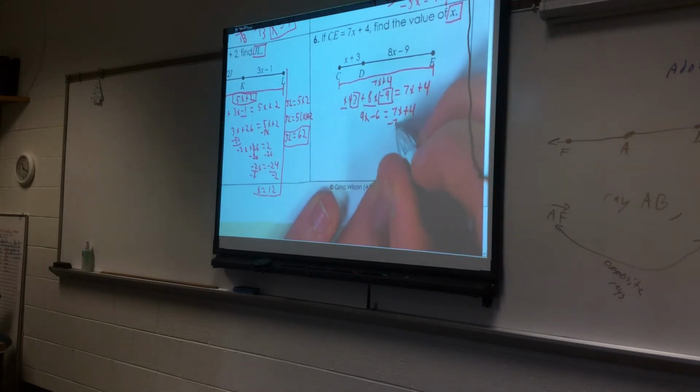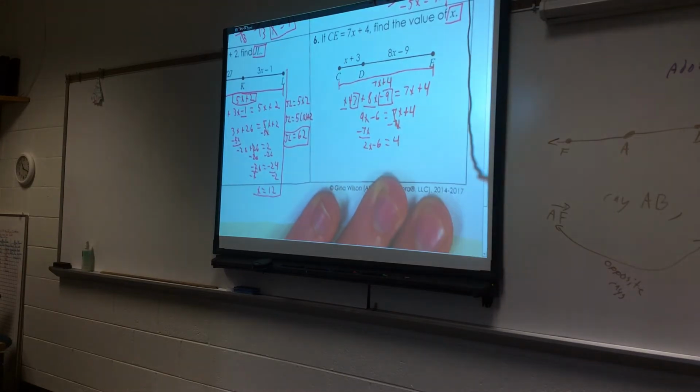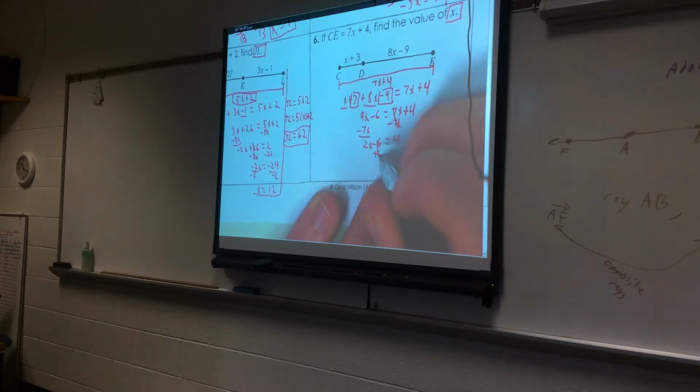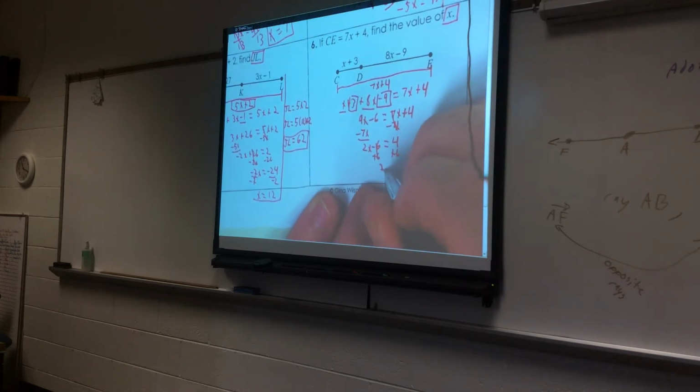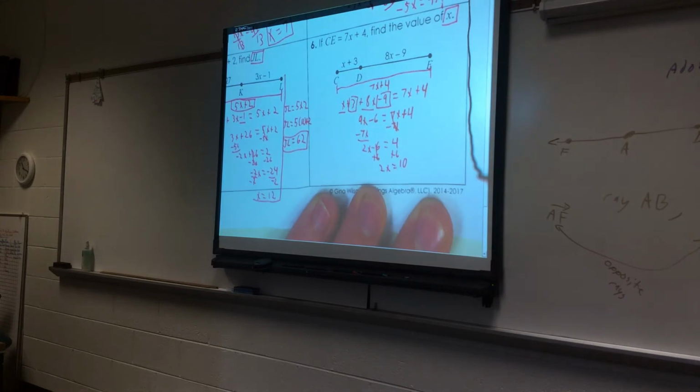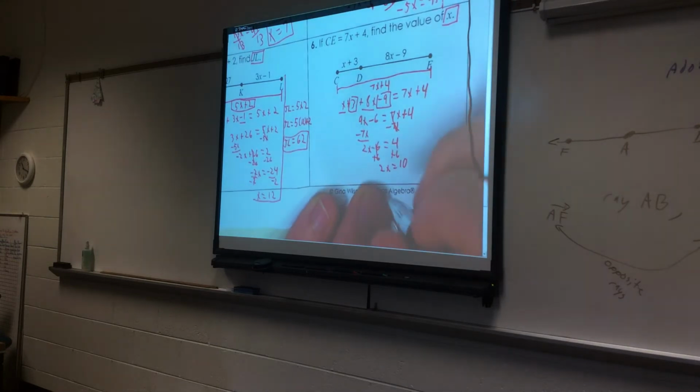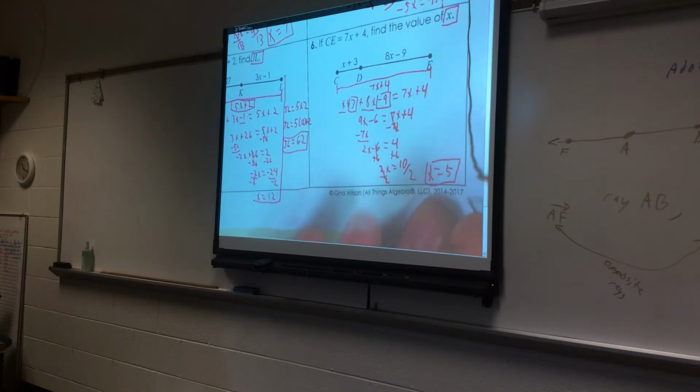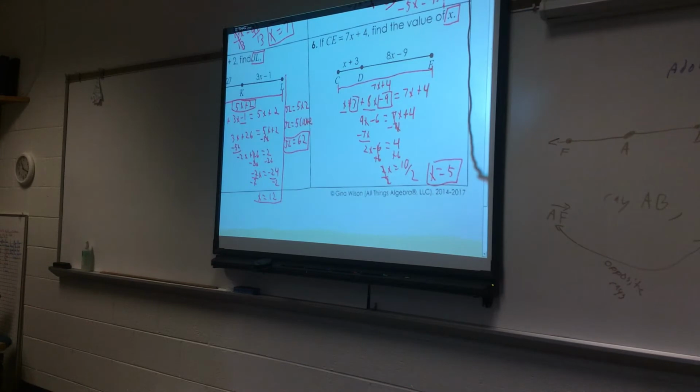I'm going to subtract 7x from the right, which leaves me with 2x minus 6 equals 4. Add 6, 2x equals 10. Divide by 2, and x equals 5, right?